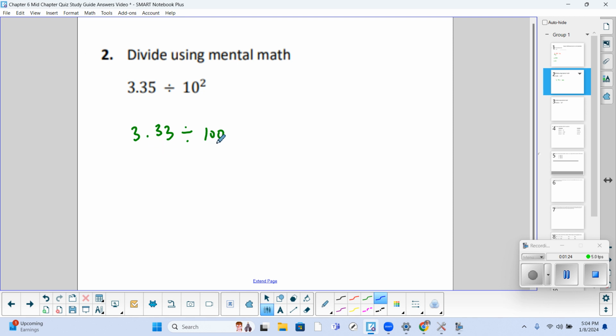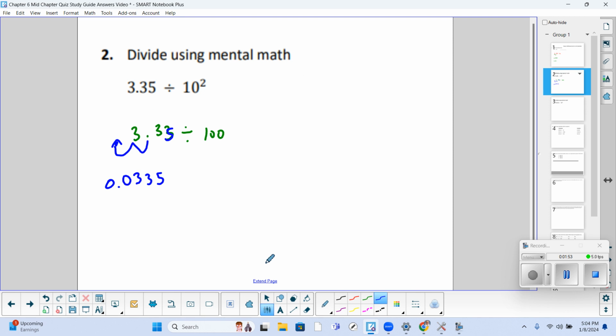It's actually 10 times 10, which is 100, which means I would move the decimal not one spot over, but 2, which means I would have to fill in this blank spot with a 0. So, excuse me, this should have been a 5. 0.0335. So there's my answer.